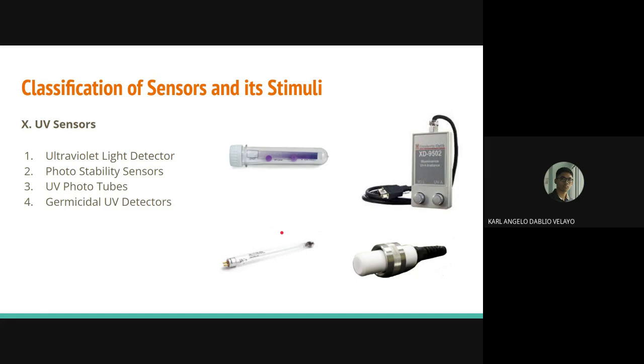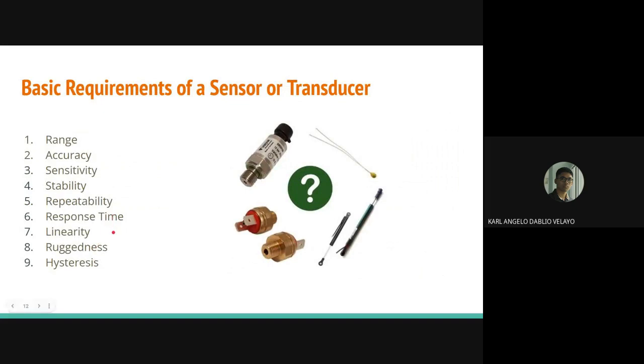It is used in reading optical soundtracks for projected films and in light sensing applications. And lastly, we have germicidal UV detectors. This detector is used to measure irradiance of dominant low pressure germicidal sources, particularly germicidal devices used to purify the air of microbes.